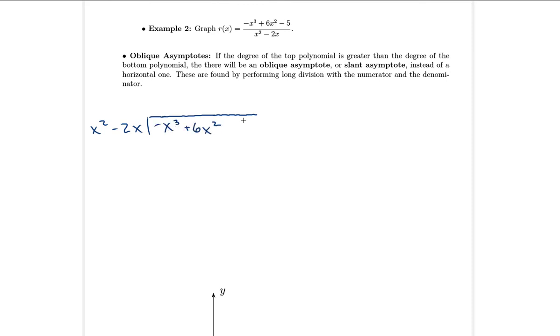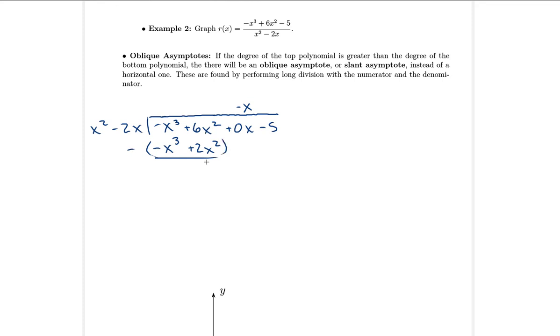So remember with polynomial long division, if one of the terms is missing, I want to go ahead and write it in there as a placeholder, so 0x. And then we're saying what times x squared gives me negative x cubed, and the answer to that is negative x. So negative x times x squared is negative x cubed. Negative x times negative 2x is plus 2x squared.